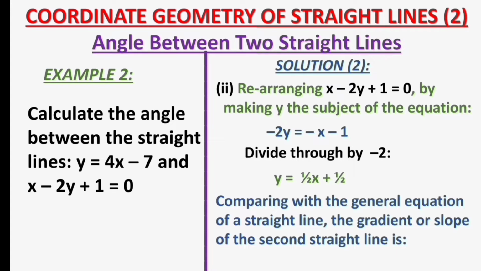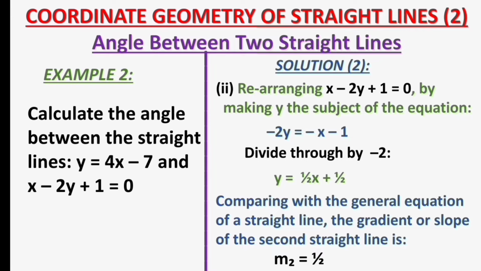Let's see if you are right. The gradient or slope of the second straight line m2 is equal to 1 over 2, which is the coefficient of x. I hope you got that right again.